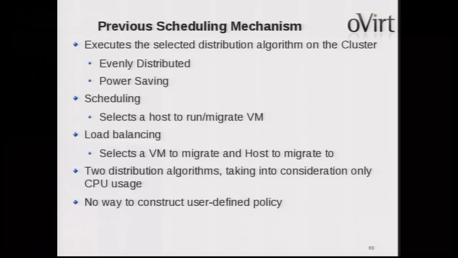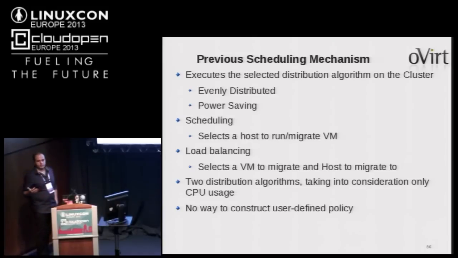So the scheduling mechanism we had so far was based on a distribution algorithm that was defined on the cluster. We basically had two policies on the cluster. One of them is evenly distributed, in order to evenly distribute the VMs around the hosts, and the other one was power saving, in order to do the exact opposite, to use in off-peak hours so as not to use all the hosts, so some hosts can even be shut down if needed.